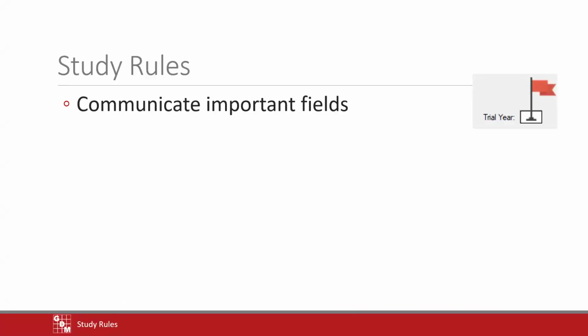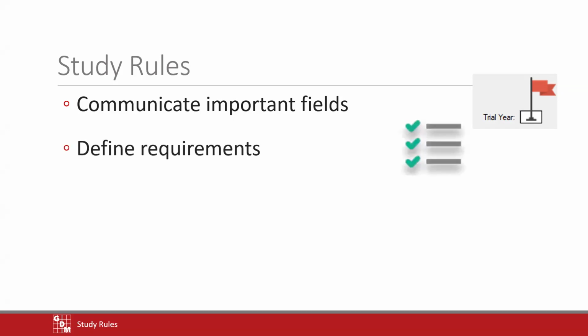Study rules are a great function for a variety of things, but the primary use for a study rule is as a communication tool, to point out the most important pieces of information, the most important entry fields for a study.